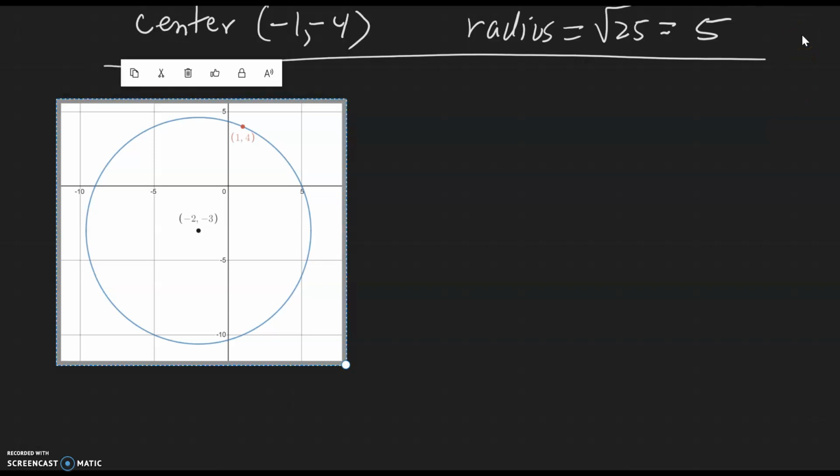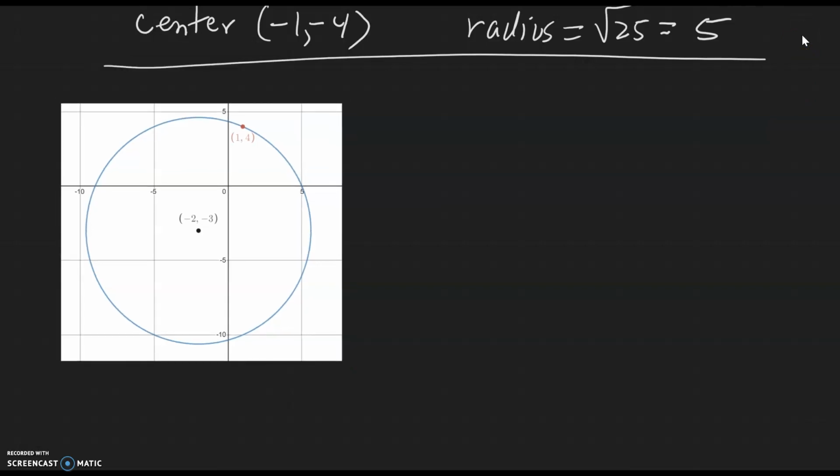We don't actually know the radius at this time, so we want to figure out what the radius is going to be. There's a drawing of the radius, and we can actually use the distance formula to find the radius. So we'll go ahead and do that.